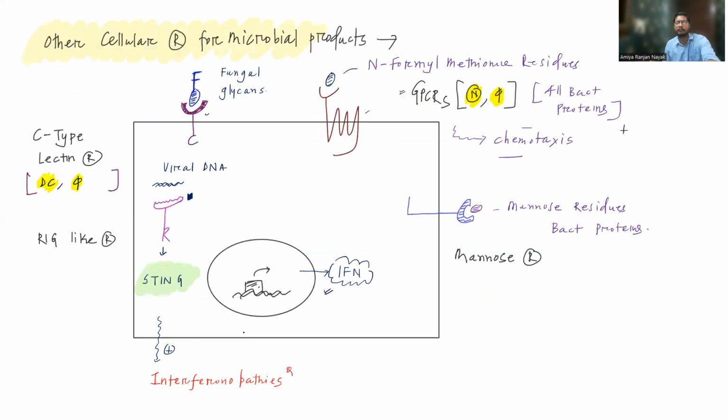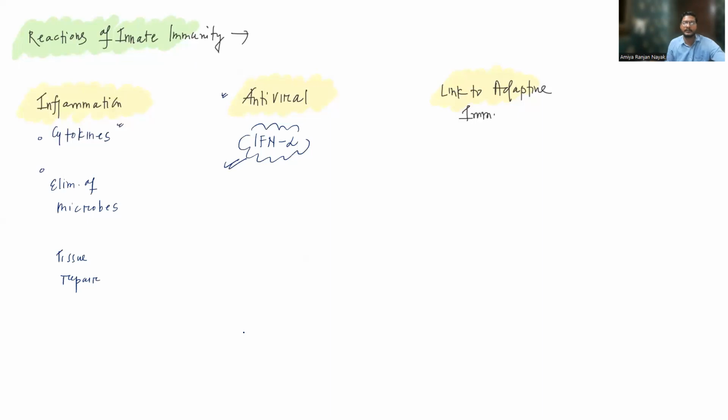And these interferons have antiviral properties. But one of the most important functions of innate immunity is linked to adaptive immunity. We will discuss this in detail when we study adaptive immunity.